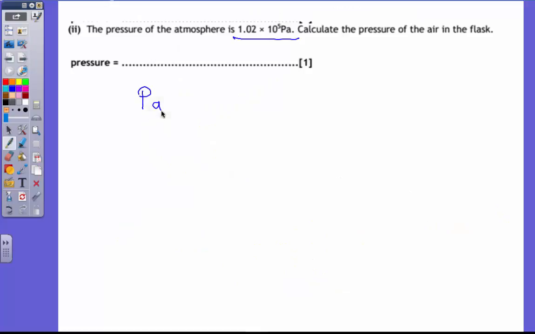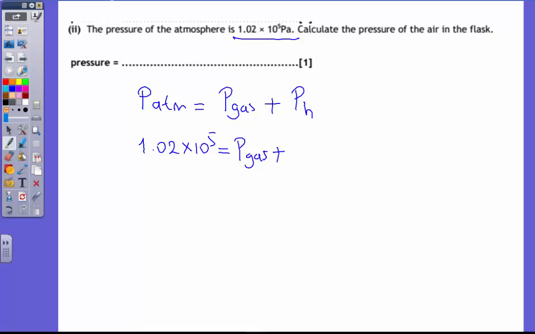so the atmospheric pressure is equal to the pressure of the gas or air plus the pressure of the height of mercury. So the atmospheric pressure is 1.02 times 10 to the power 5 Pascal. The gas pressure we don't know. We already know the mercury pressure is 34,000, which means 0.34 times 10 to the power 5 Pascal.